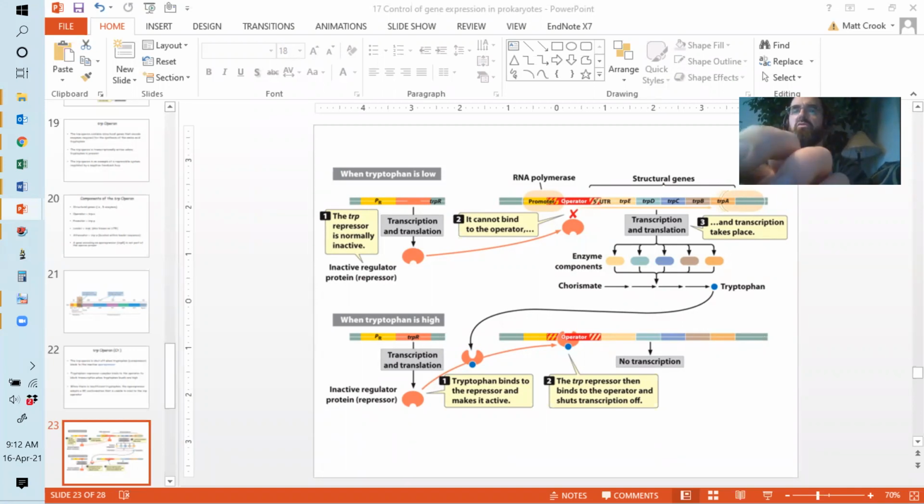So TrpR and Trp equals repressor. And the reason being is the presence of tryptophan changes the shape of the TrpR protein so that it can bind DNA.